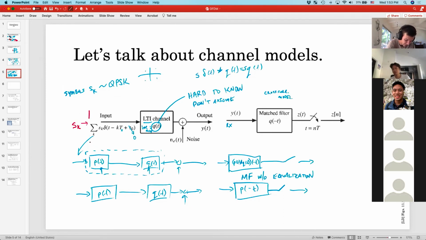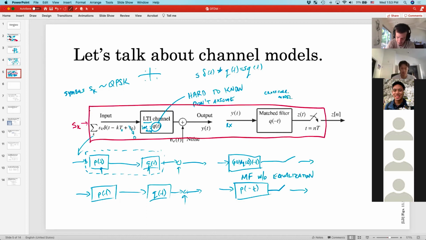And if I draw a box around everything from there to there, at its heart, this is a discrete time system, right? We've got discrete things coming in, we've got discrete things coming out. We're going to have to deal with how the noise gets discretized, but I want you to want this to be a discrete time system.